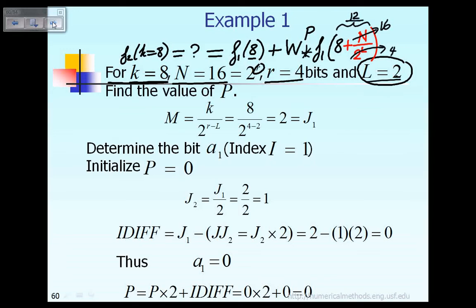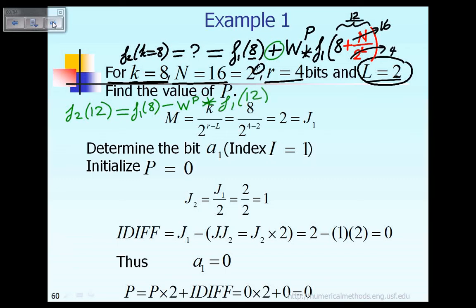Similarly, we can compute the value for F2 corresponding to the companion node, which is node 12. That equal to what? Well, that equal to F1 of 8. Instead of plus, it will be minus W raised to the power P again, and then multiply with F1 corresponding to the index 12.